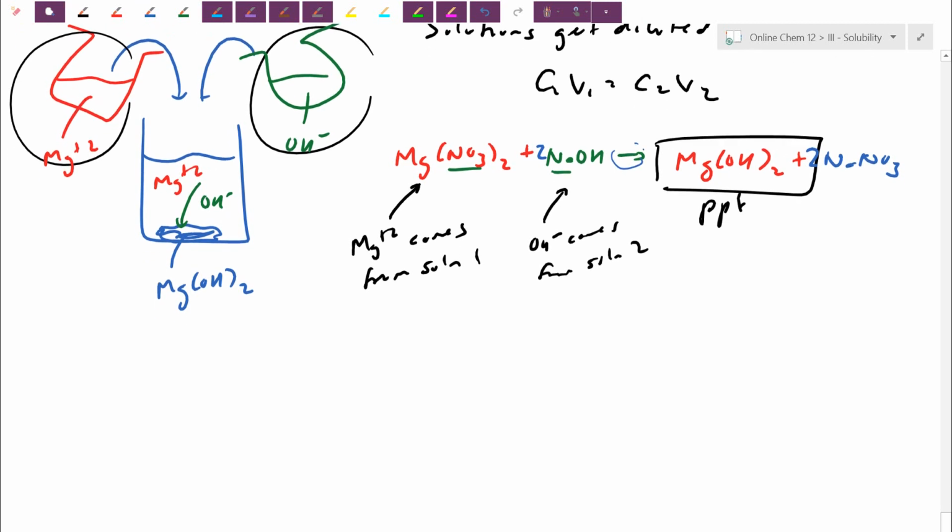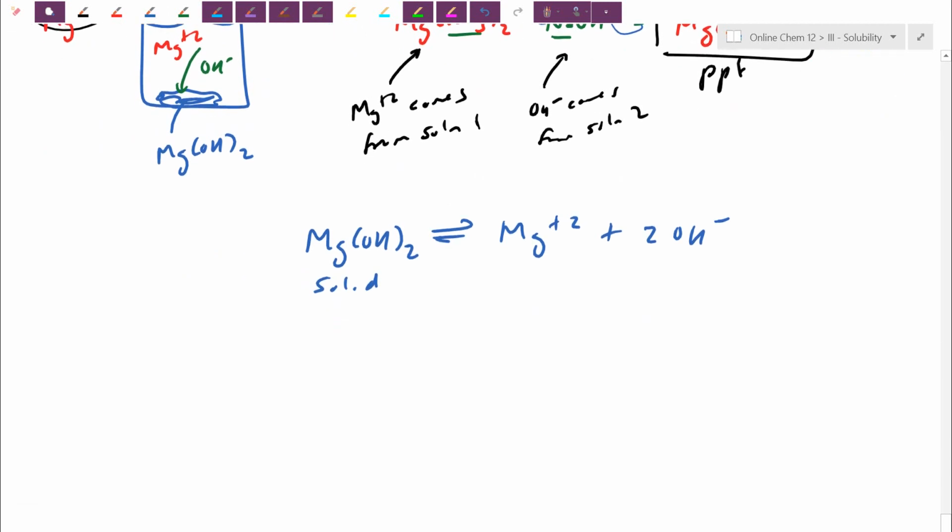When you identify what the salt is, you're still going to put the solid on the left side. It was actually a product of your reaction, but I have Mg(OH)2 here, and this one ends up forming, let's say, Mg2+ and 2 hydroxide, right? I'm going to still have the solid on the left side so that when I write out my Ksp expression, products over reactants, Ksp is still going to be, just like we did earlier, magnesium times the hydroxide squared.